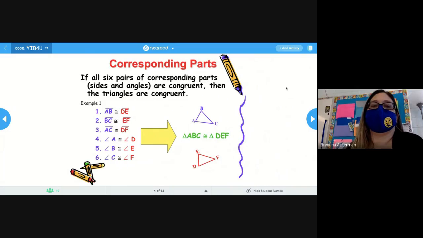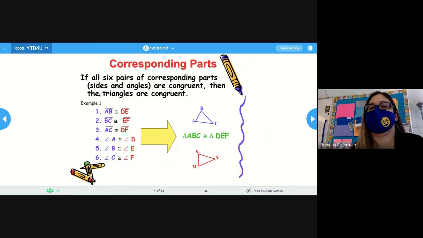So also yesterday we said, okay, in a triangle, we have 6 pairs of corresponding parts, 3 pairs of sides and 3 pairs of angles. And we listed them all out yesterday, right? So we got this nice list right here where the purple corresponds with the reds and everything lines up nice.